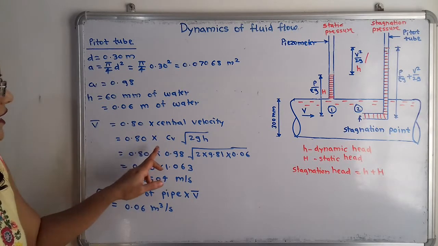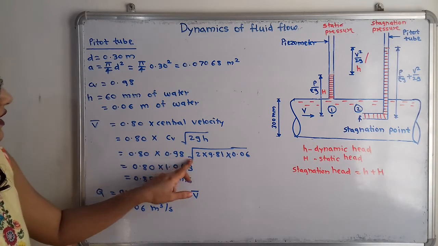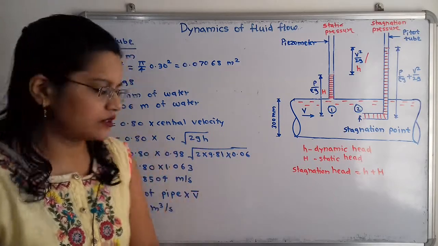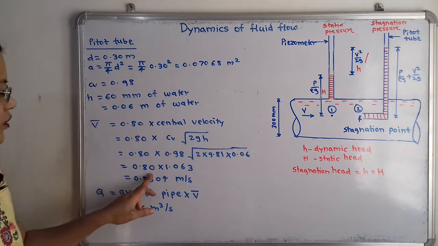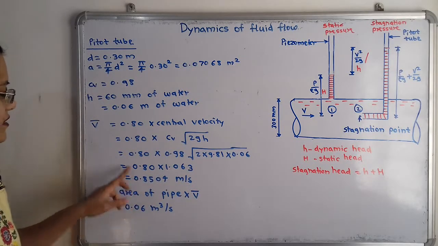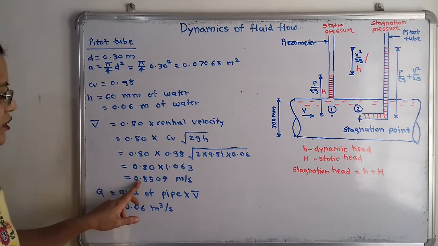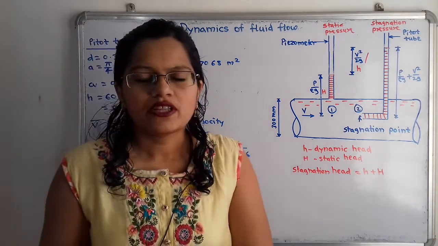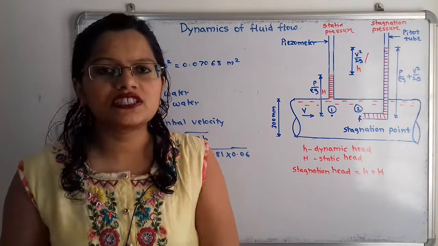So 0.80 multiplied by 0.98 under root of 2 into 9.81 into 0.06. So which is equal to 0.80 into 1.063, and what is the answer? That is mean velocity 0.8504 meter per second.